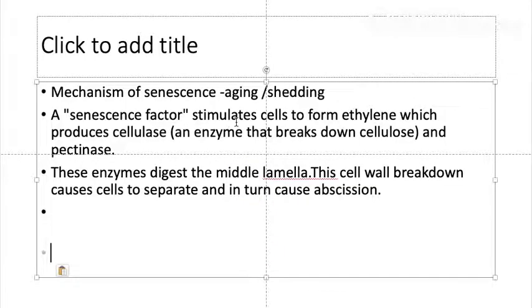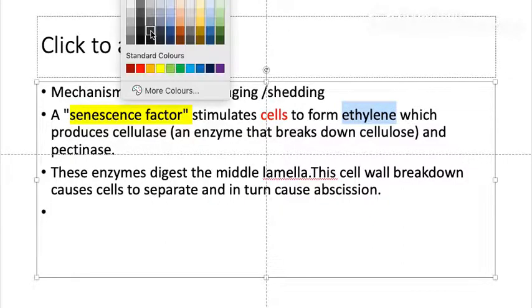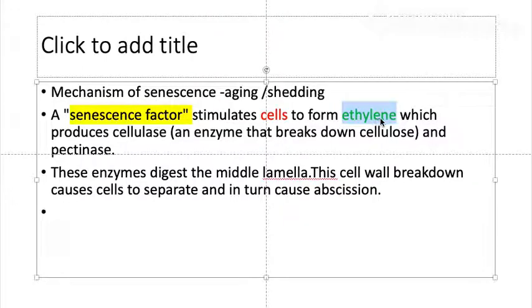Well, what happens when there is senescence is that a senescence factor will be produced, and this factor stimulates the cells, it causes the cells to form ethylene. Remember ethylene? This hormone is not going to be studied in detail, but ethylene is important. Why? Because ethylene promotes aging.